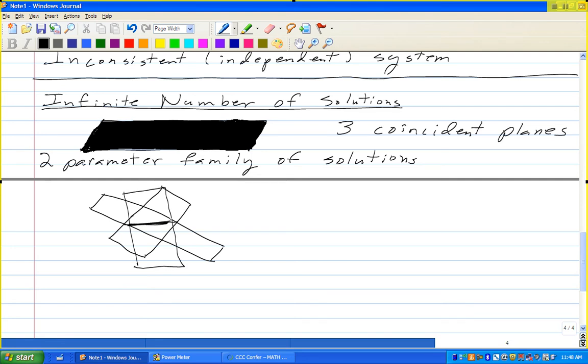And so I have three planes intersecting along a line.